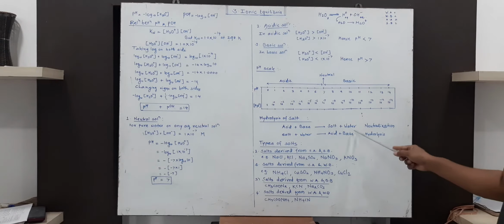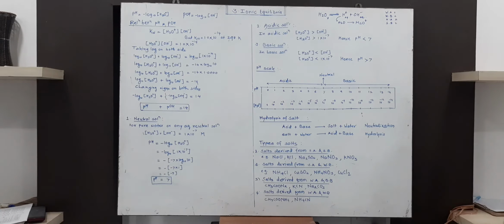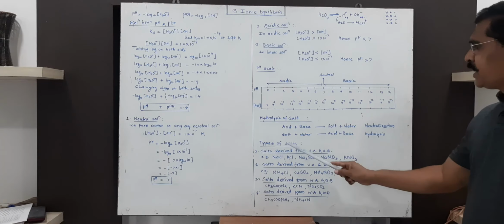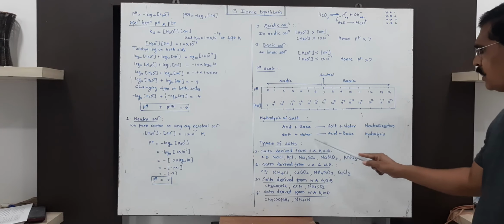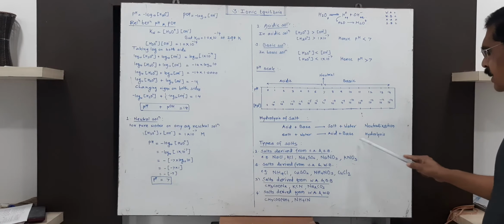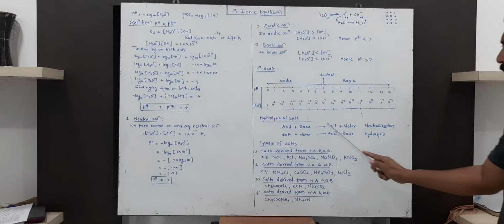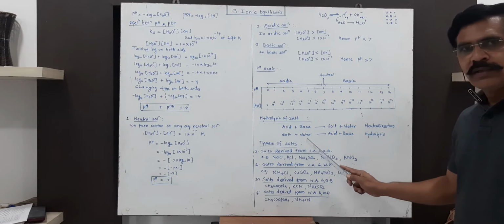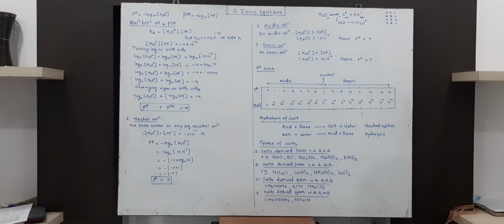A neutral solution is formed from acid and base, so it is called neutralization. A reverse of this reaction, that is, when salt combines with water forming acid and base, is called hydrolysis. Remember this meaning of neutralization and hydrolysis.